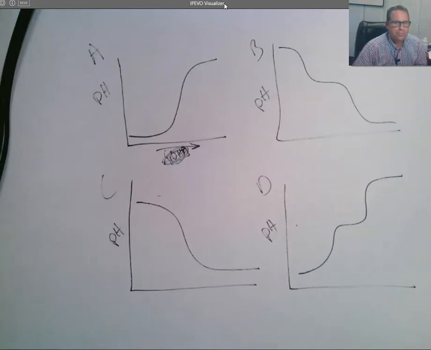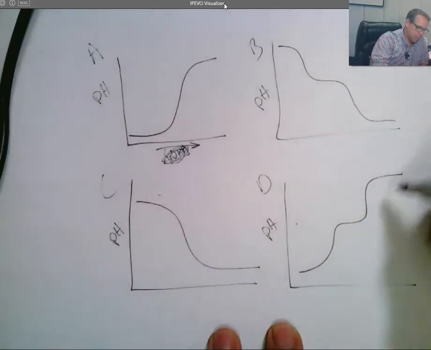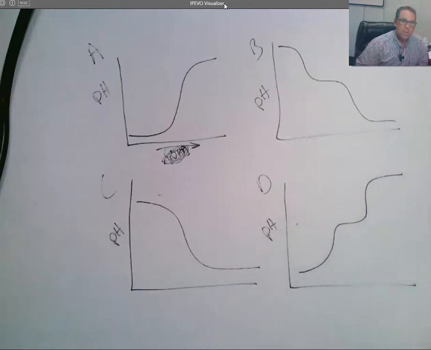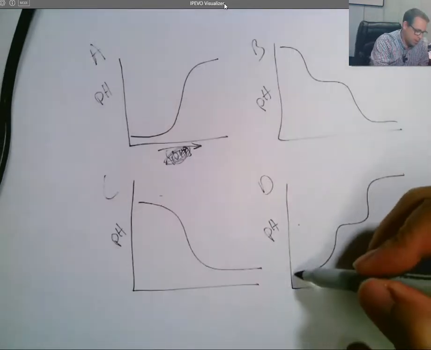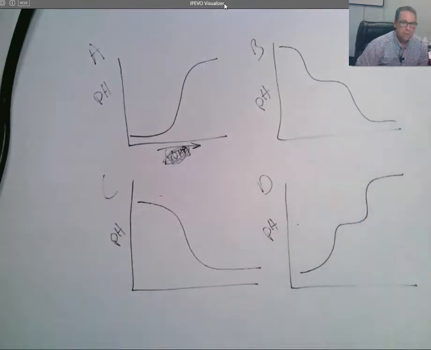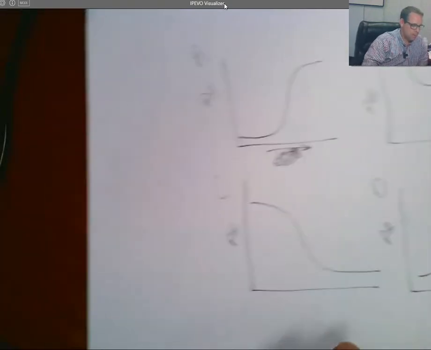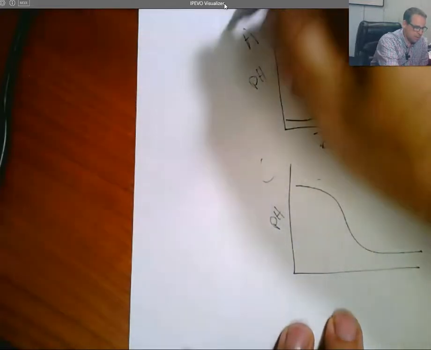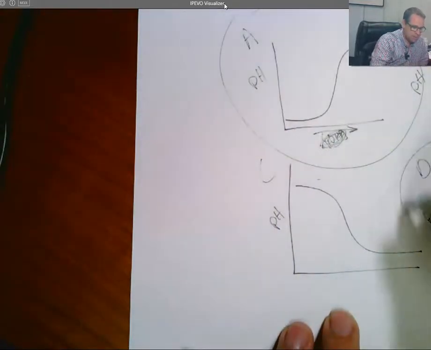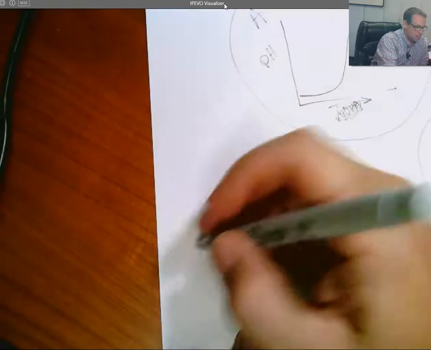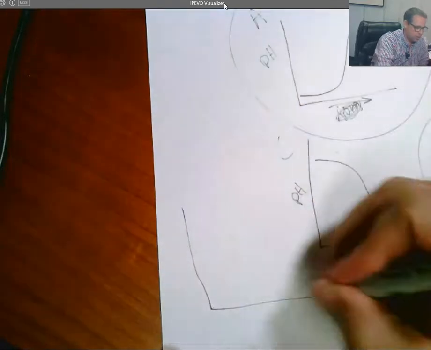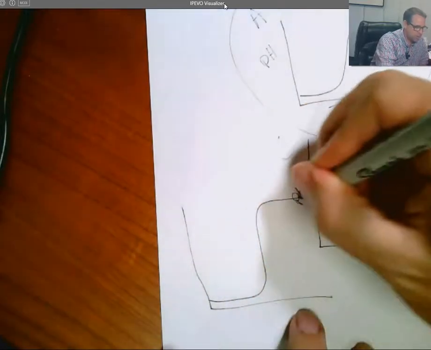I think that would be D. That's right. Here is a diprotic, meaning there's 2 points where protons come off. It was an acid because it started off at a low pH, so we must have been adding base, right? This is the titration of an acid, and then here I'm going to draw a third titration of an acid.